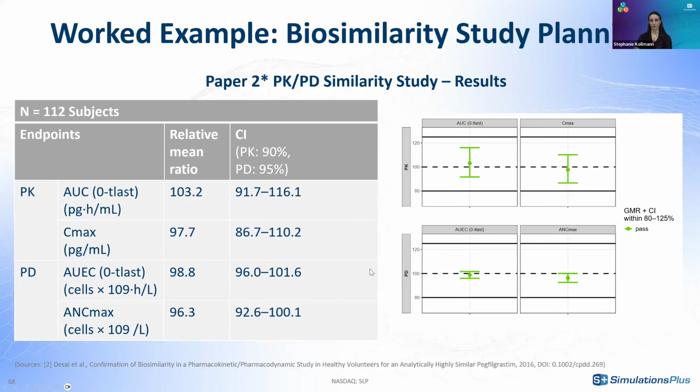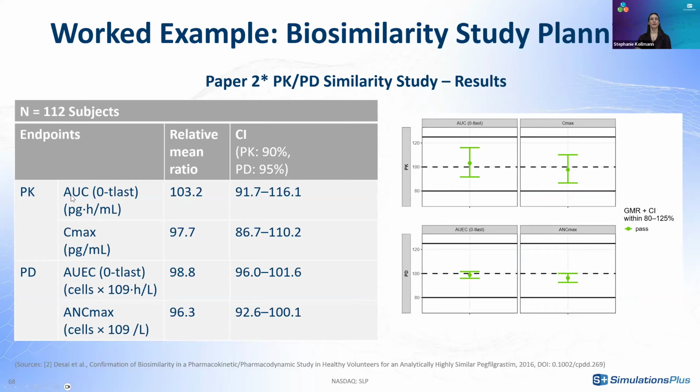So these are the results of our simulations based on our workflow and the model that we have used. In the second paper, the crossover PK-PD similarity study was successful with 56 subjects per sequence group, so 112 subjects, meeting bioequivalence for the same endpoints.